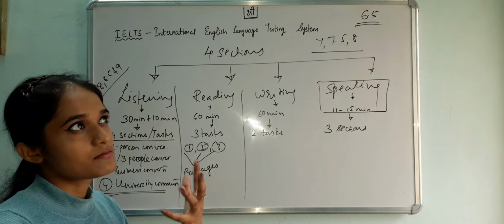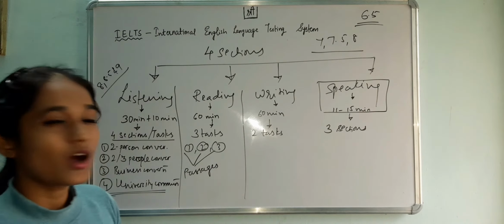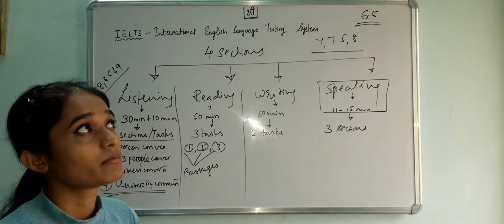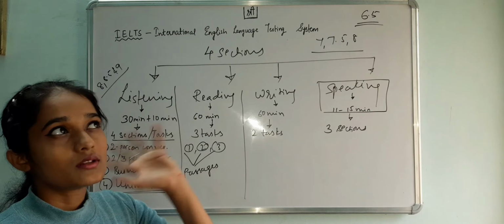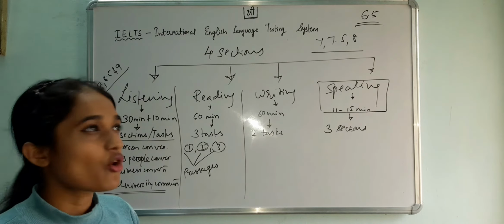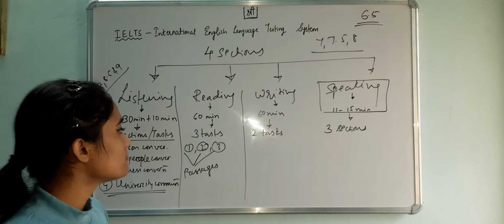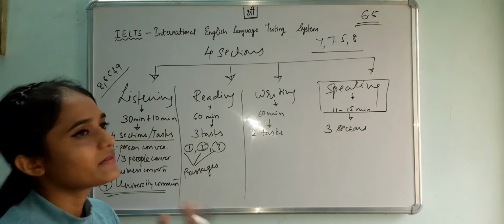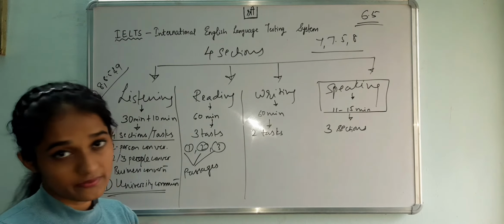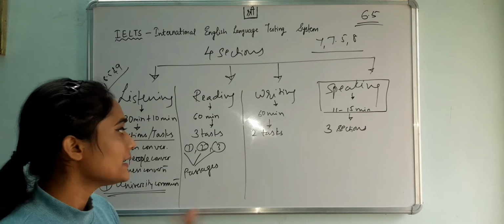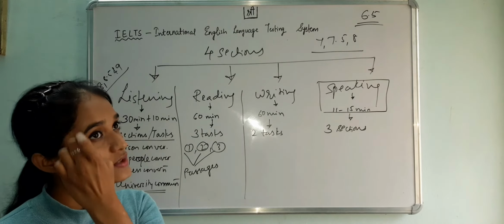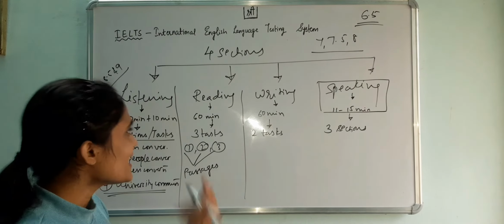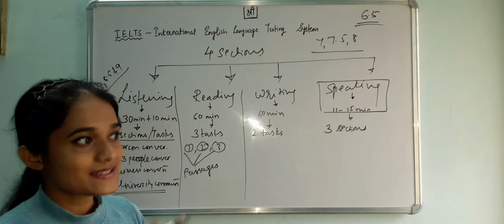We sometimes get a product description or a university description or some geographical content or some history content or some science content. It basically depends upon the examiner who sets the paper. Every time the questions are a bit different. So you just have to read them. You should have a good habit of reading so that you'll be able to score very well in reading. So yeah, that's it about reading. You just have to be quick at skimming the content.